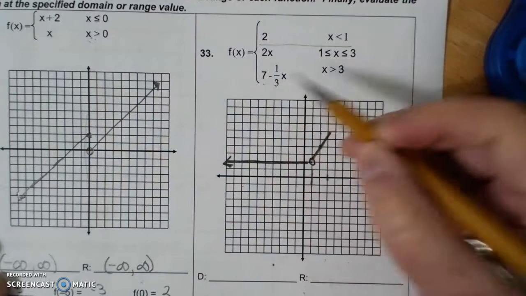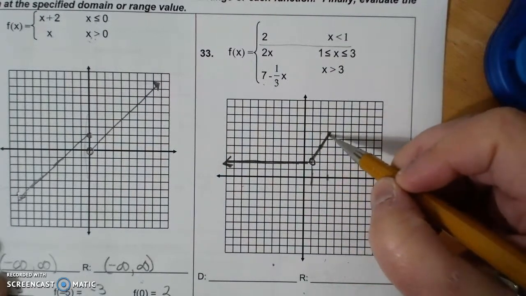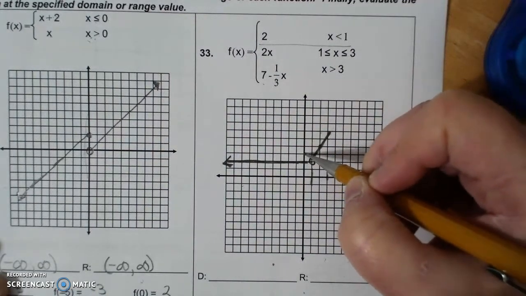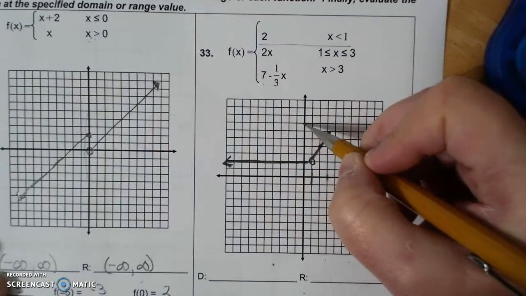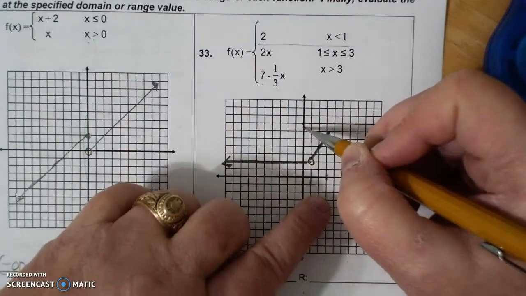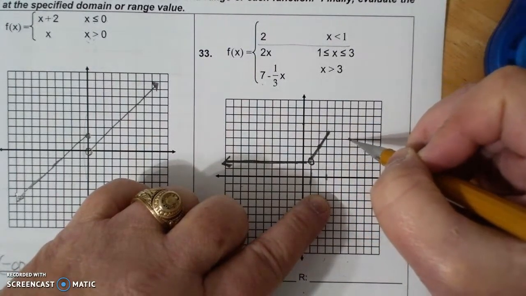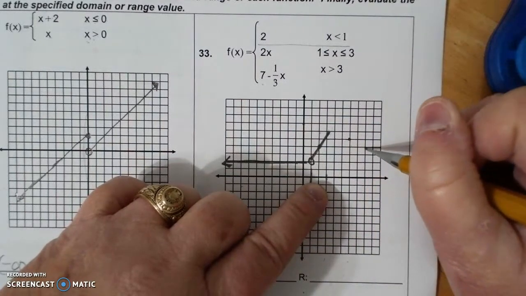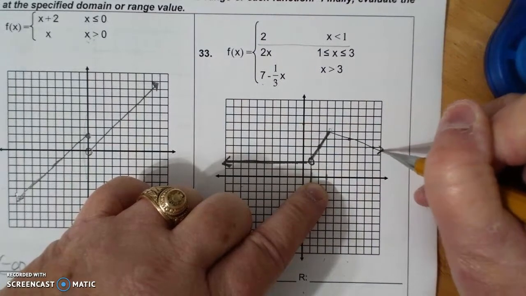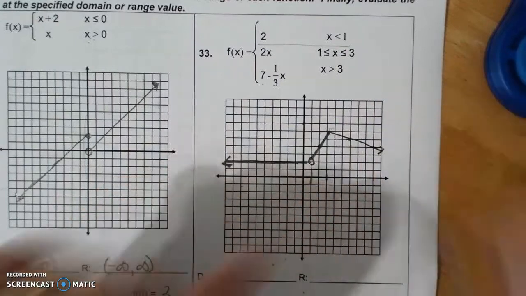And then here, starting at 7, but I'm only going greater than 3: 1, 2, 3, 4, 5, 6, 7. So it's like this. And it also is an arrow.